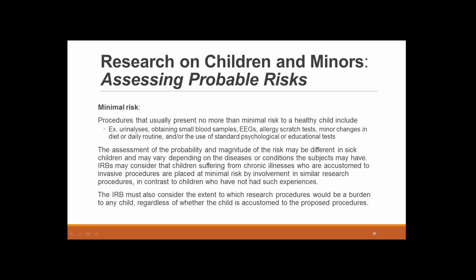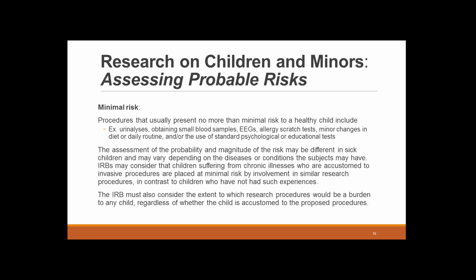But again, if you're a very sick child, and this applies to adults as well, you're a cancer patient, what might be minimal risk to you is a lot different than a healthy human subject. Because if you're a cancer patient going through lots of treatments, your normal is pretty high, it's pretty intense.